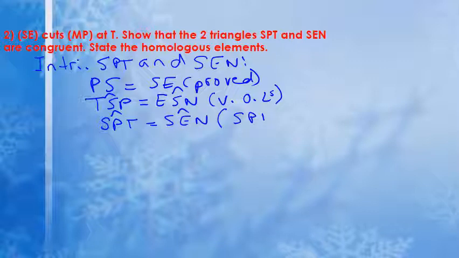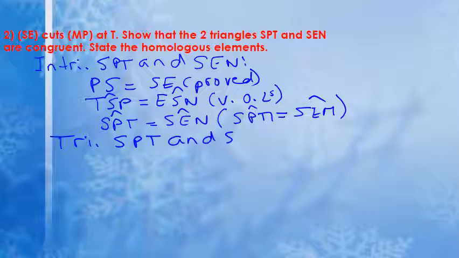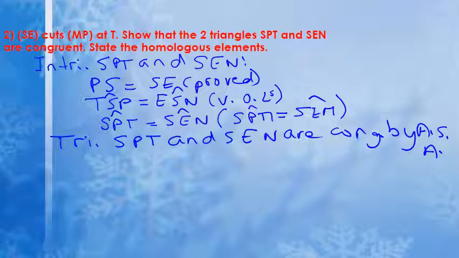Since angle SPM is equal to angle SEM, then we can say that triangles SPT and SEN are congruent by ASA. Now we should name the homologous elements.